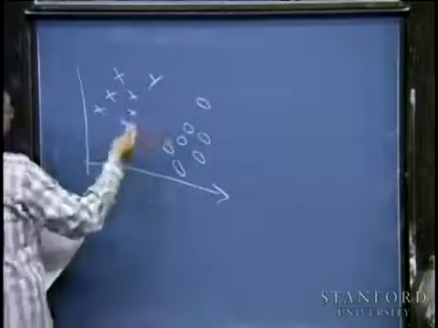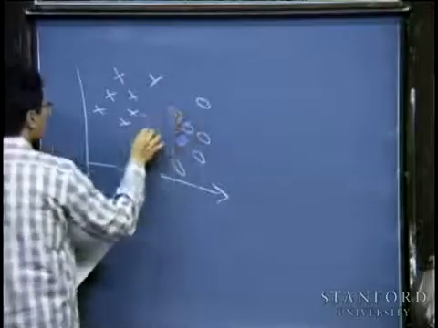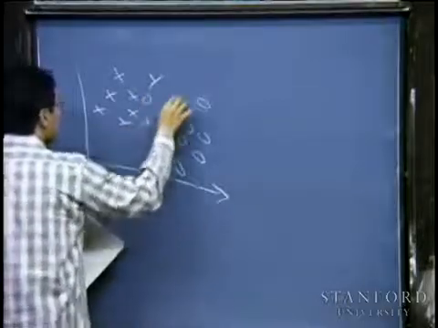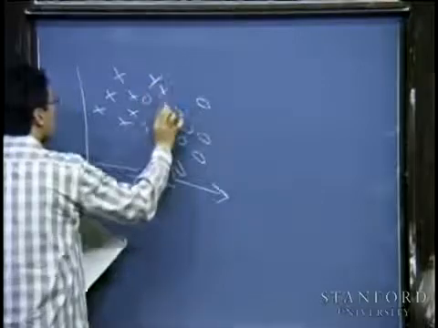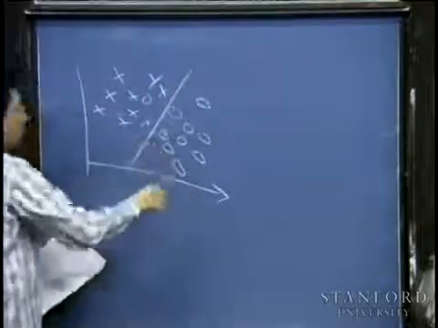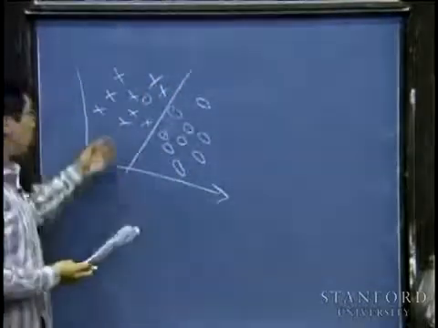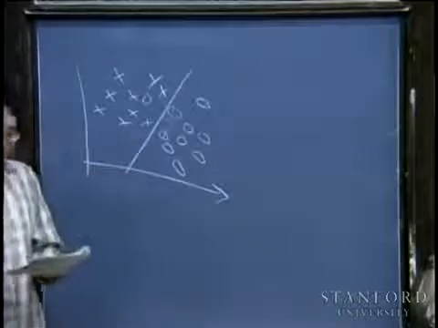So trying to find a straight line, let's make the data set a bit noisier, trying to find a straight line that separates out the positive and the negative crosses as well as possible.